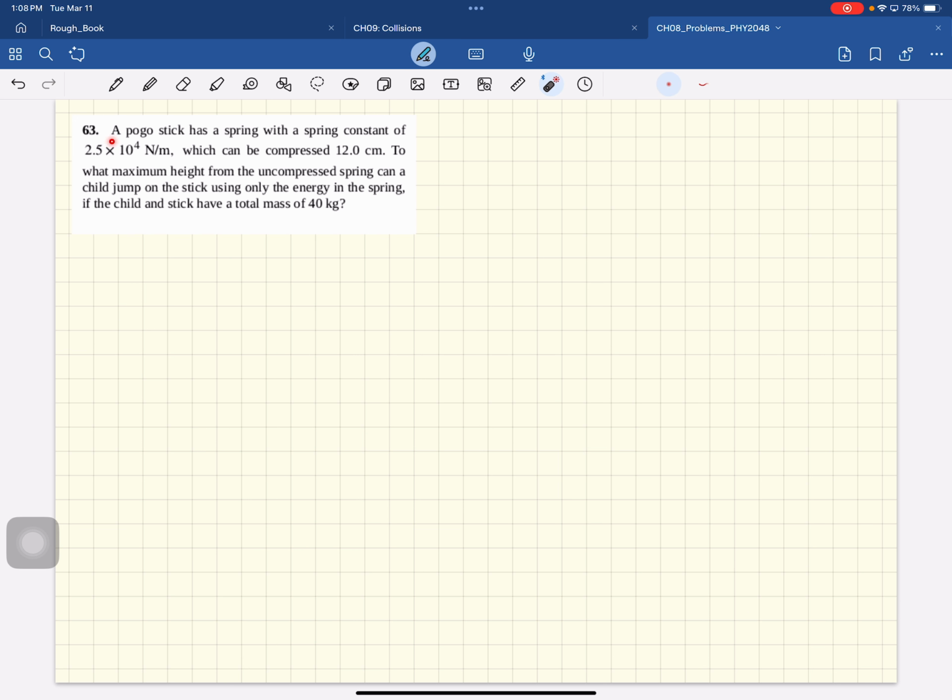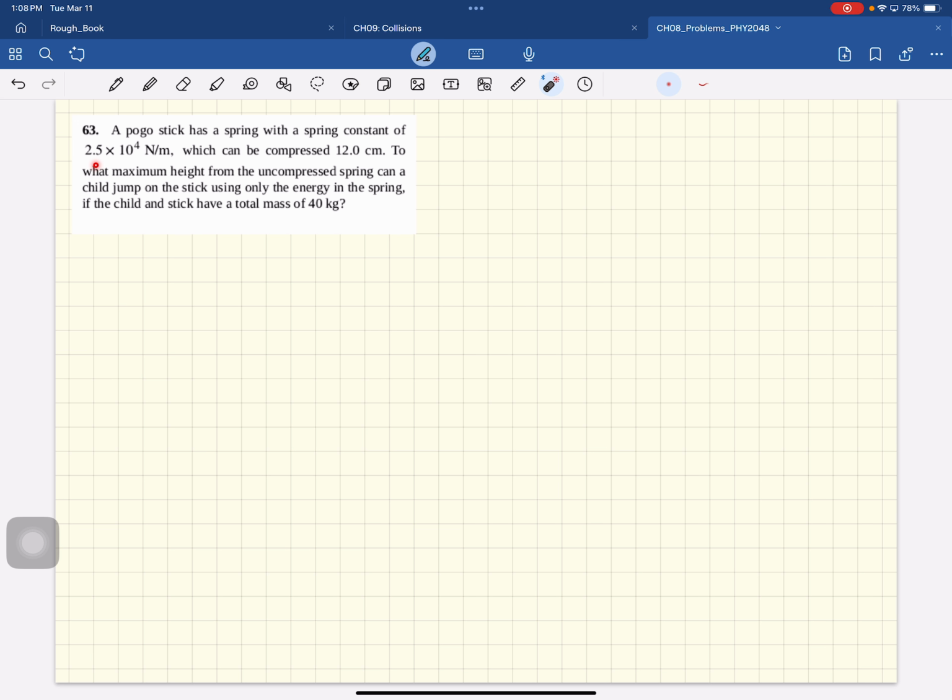Okay, this problem says a pogo stick has a spring with a spring constant of 25,000 Newton per meter. Most of our weight is about 600 newtons, let's say 500 newtons.